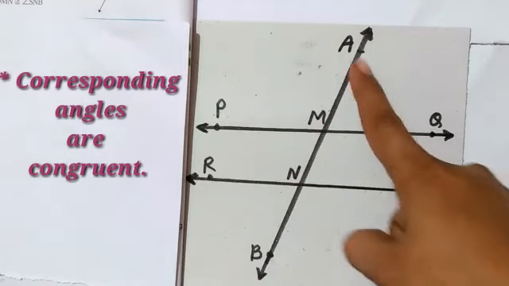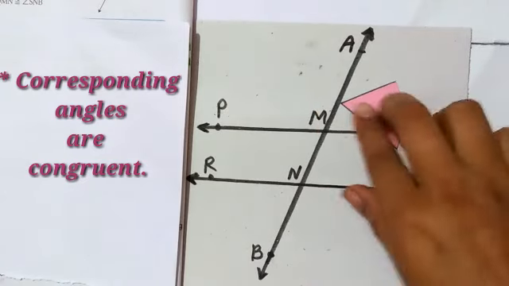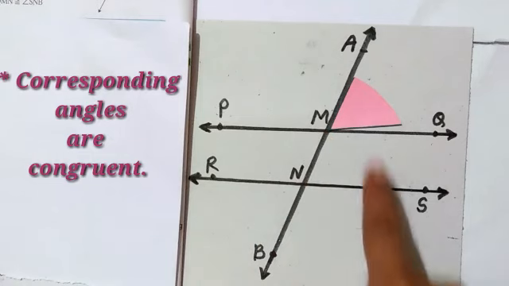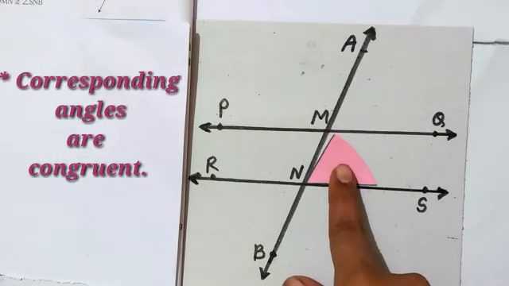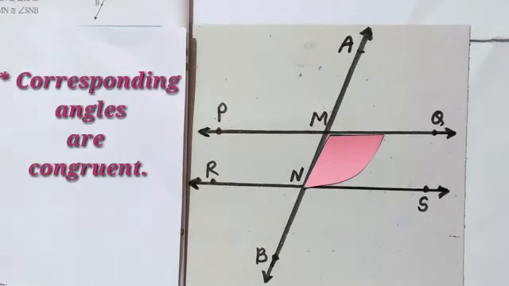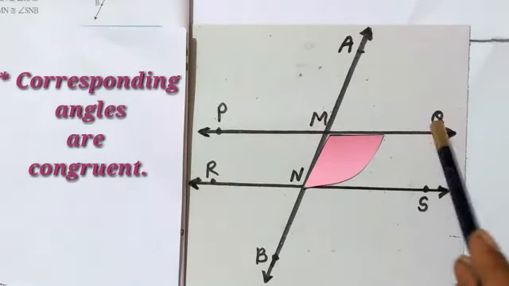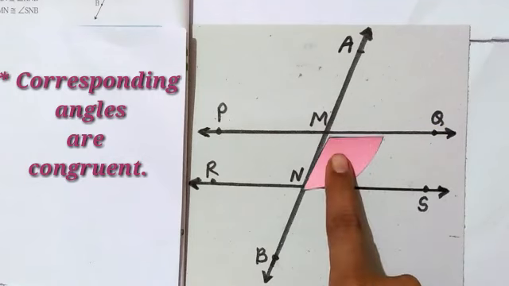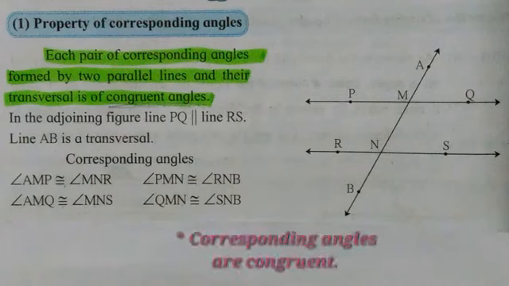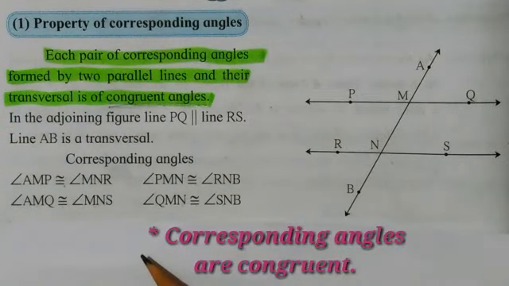And this fourth pair of corresponding angles, angle QMN, is congruent with angle SNB. So congruent means equal, or similar measurement of the angles. Our first property is: corresponding angles are congruent.